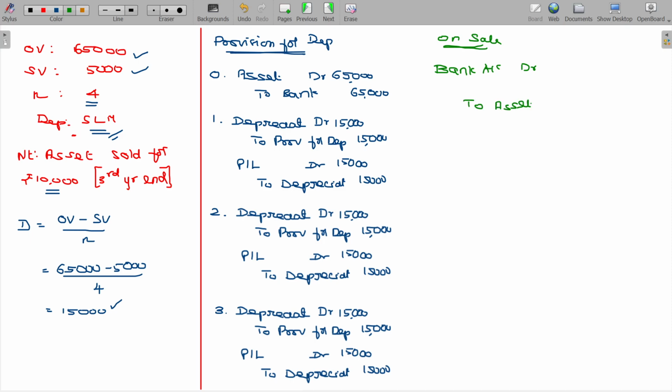By the end of third year, I sold this. The value realized being only 10,000, but the asset value being 65,000. I have not reduced even a single penny due to the depreciation. Am I right? To asset account 65,000.